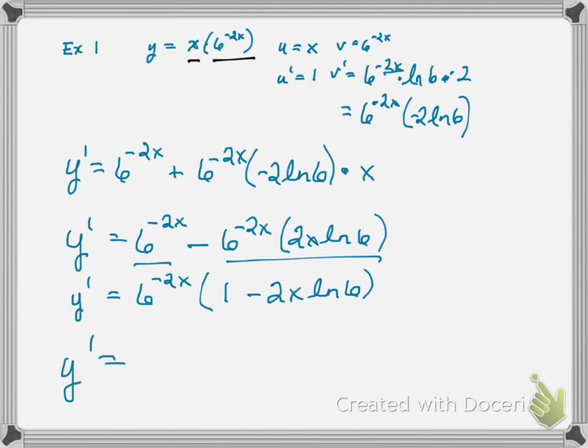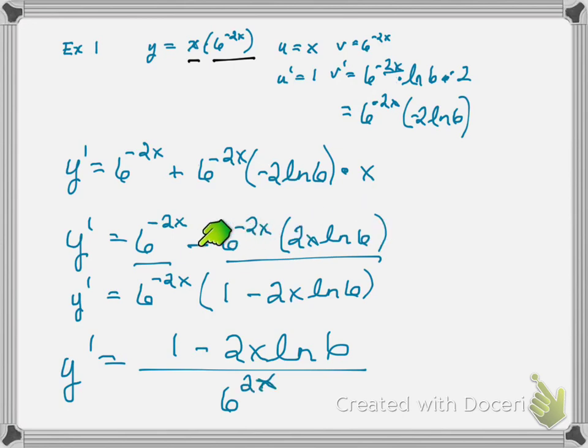So the answer might look like this: 1 minus 2x ln 6 all over 6 to the positive 2x. So not sure which way they would have it. I would be fine with an answer from here down. That's an acceptable answer, that's an acceptable answer, that's an acceptable answer. So any of those would be good. And that is our example 1.